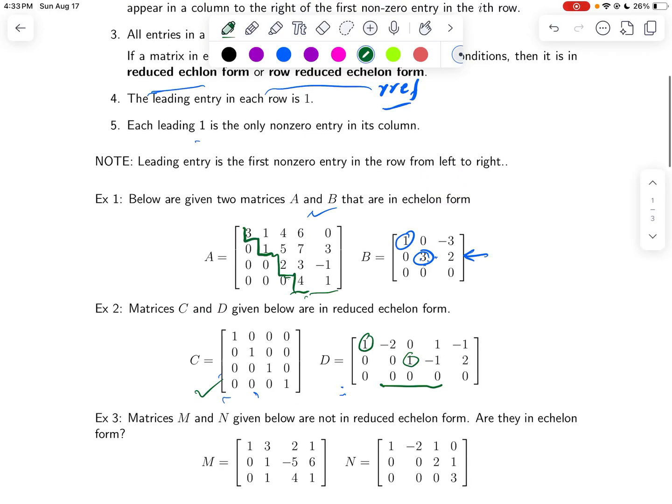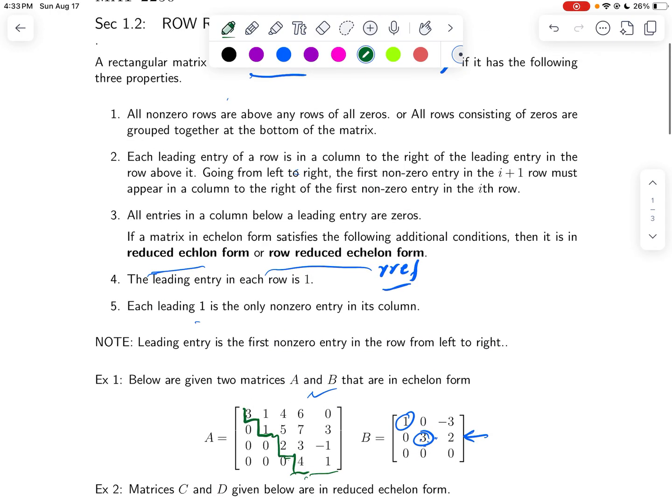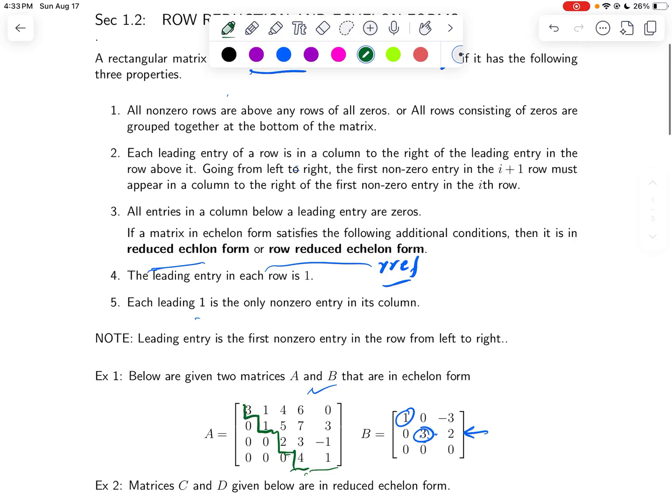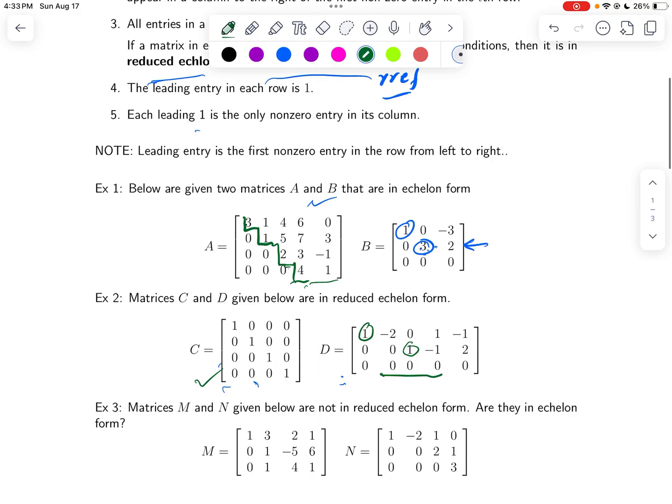The second was that the leading entry in the next row should be to the right of the leading entry in the previous row. So that is what we see in there. The third condition was that all entries below the leading entry must be 0. So that's what we are seeing. This is the leading entry in the first row, and this is the leading entry in the second row.